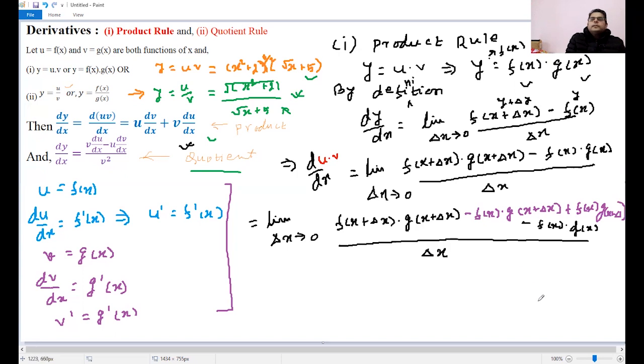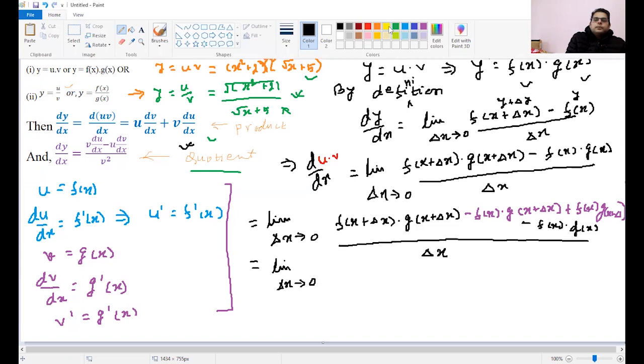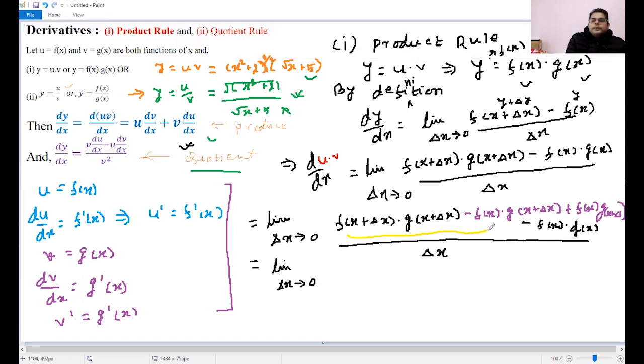After that, if you move further, then you'll have the limit as delta x tends to 0. What can you do in this case? Look at this term to this term: what are you going to take out common is g(x plus delta x), and here also g(x plus delta x).